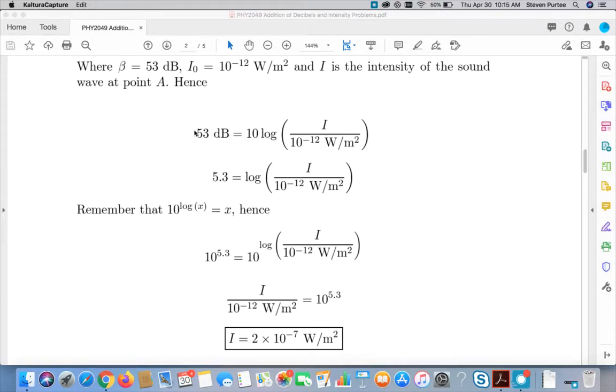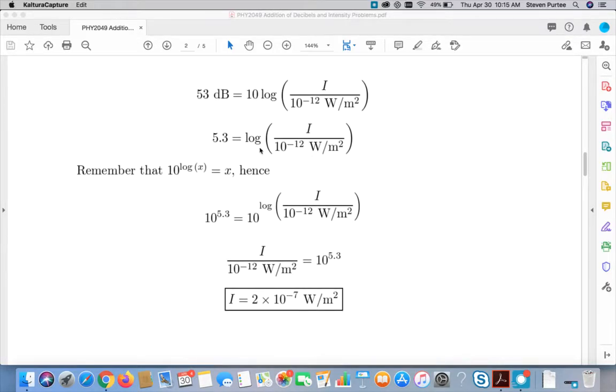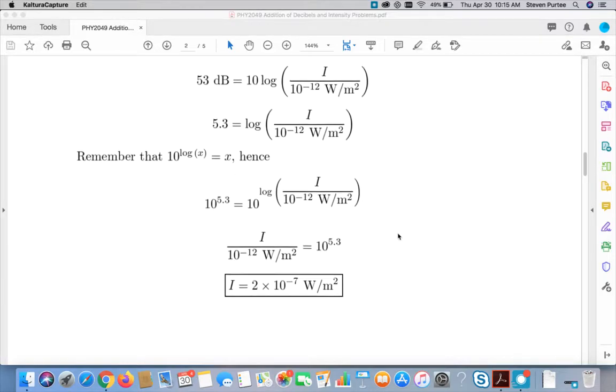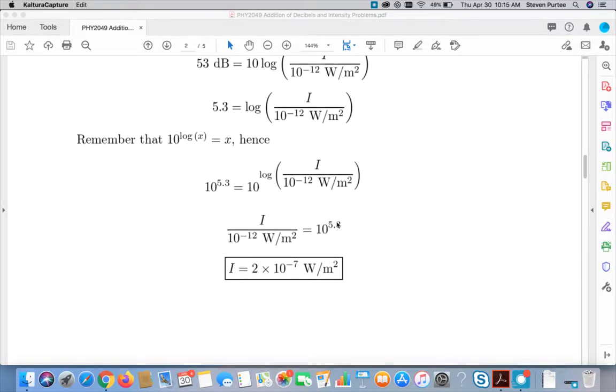So 53 equals this, divide by 10. To solve this logarithmic equation, we convert to exponential form. 10 raised to the 5.3 equals what's inside. So we make both sides powers of 10. You may have to refresh your college algebra here.